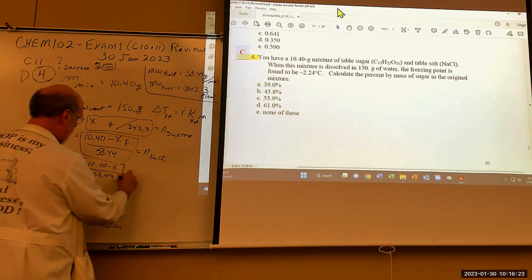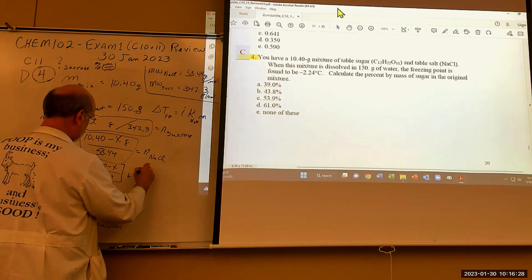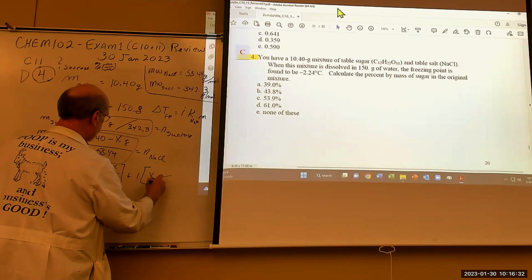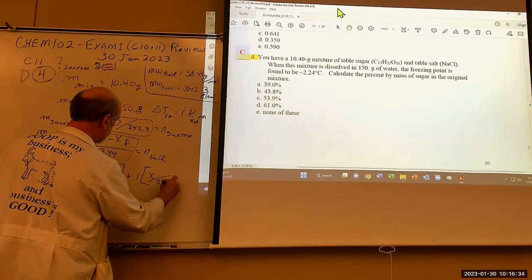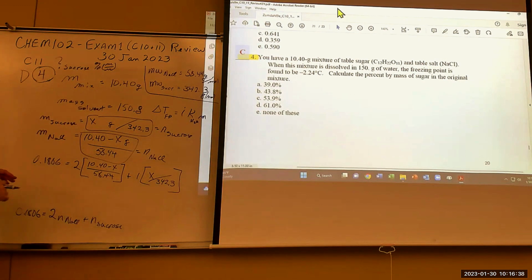Okay, and then we add to that 1 times X divided by 342.3. Okay, so now we've got an X, which means X is the mass of sucrose.